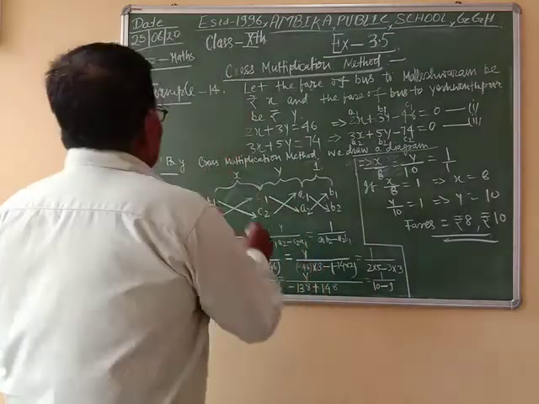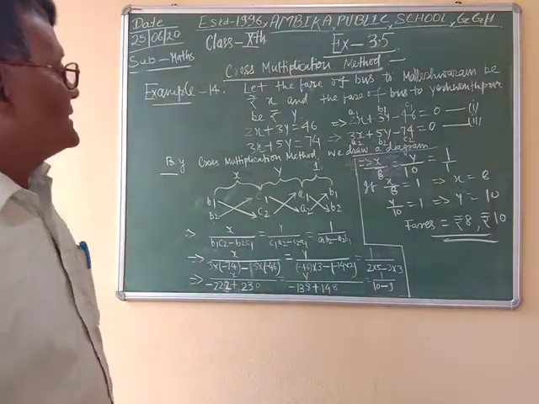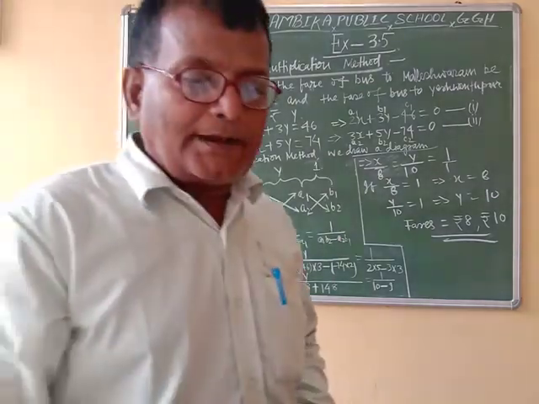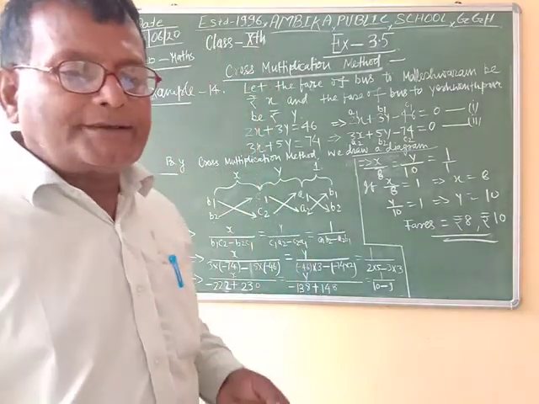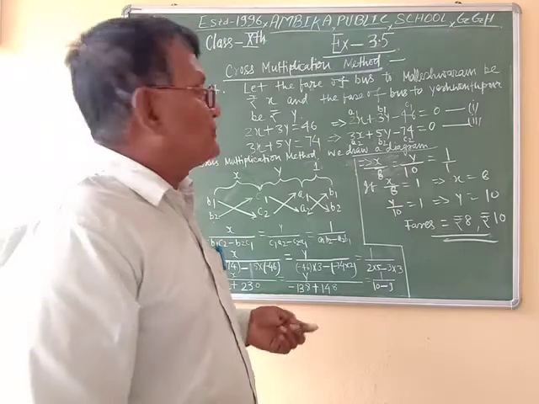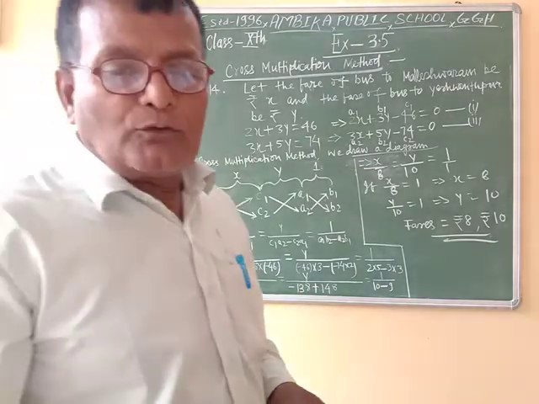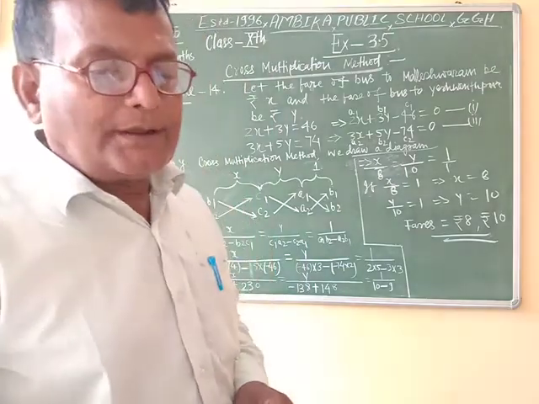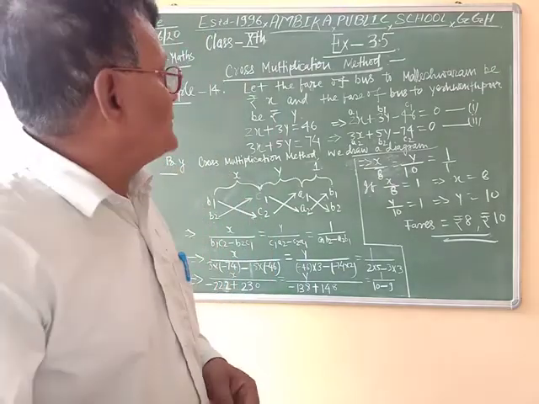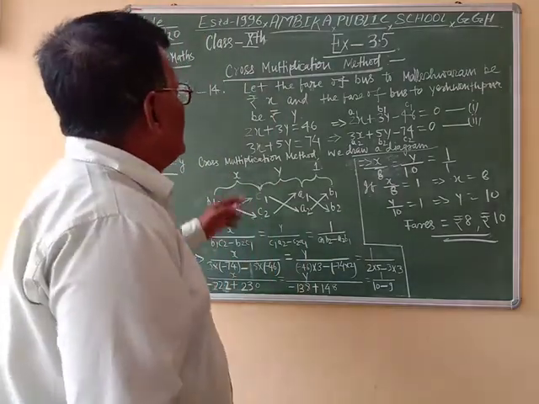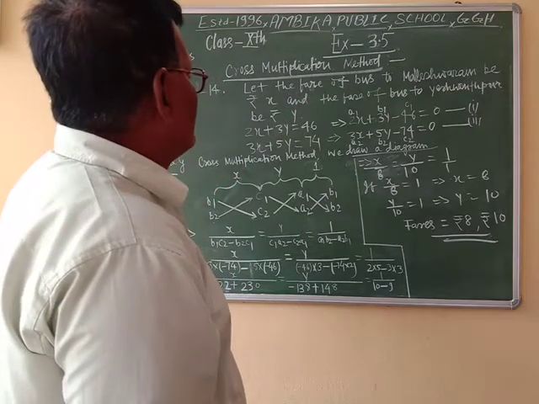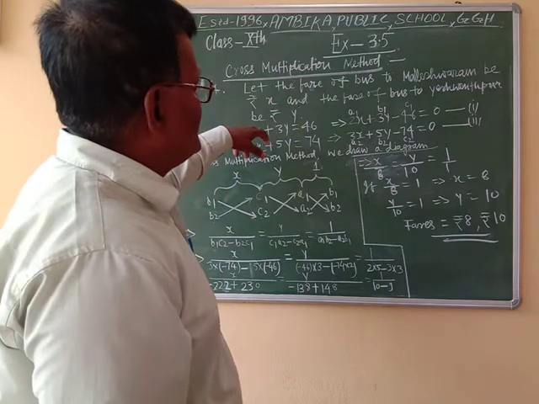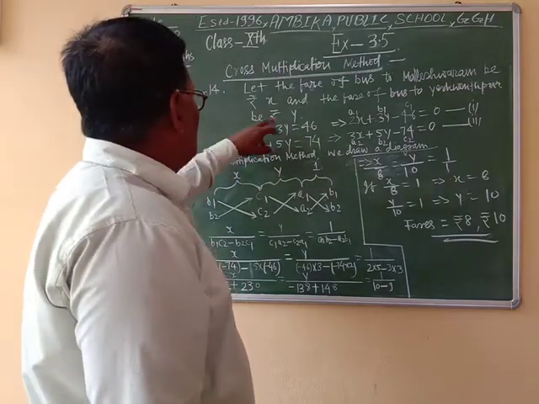Here again I am going to explain. We are given a bus stand in Bangalore. If we buy 2 tickets to Malleshwaram and 3 tickets to Yeshwantpur, the total cost is 46. Let the bus fare to Malleshwaram be rupees x and the bus fare to Yeshwantpur be rupees y.